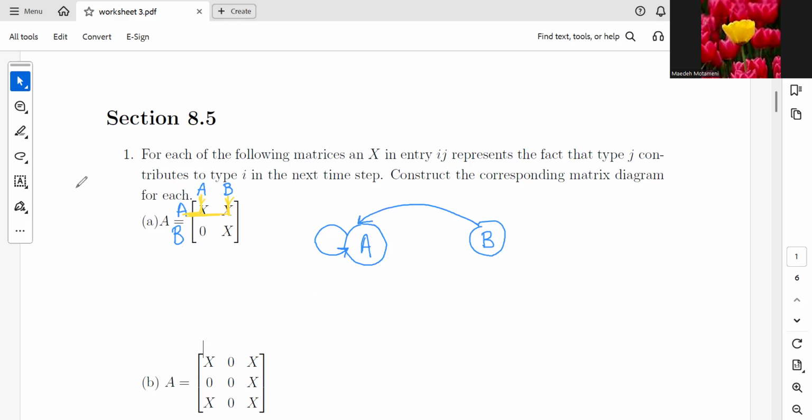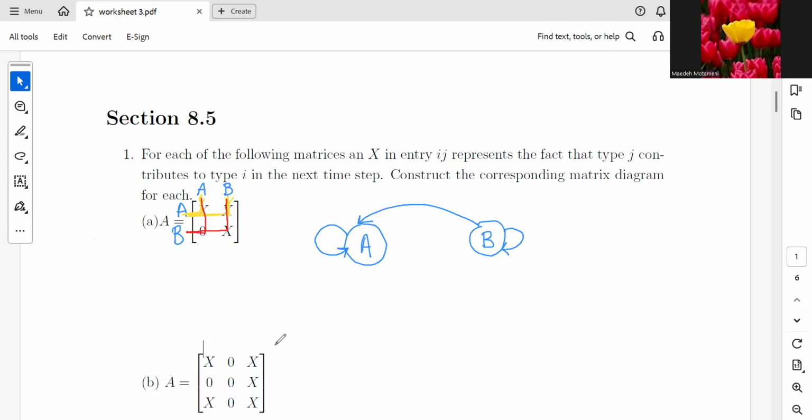Next one will be here, starting from A to B. Next one, from B to B, there is a connection, so we would draw an arrow from B to B. And this will be the corresponding matrix diagram.